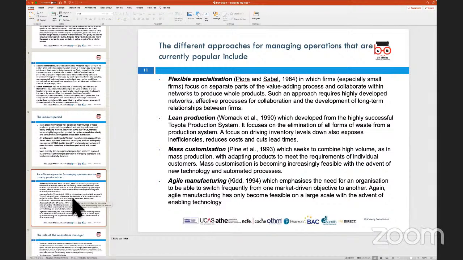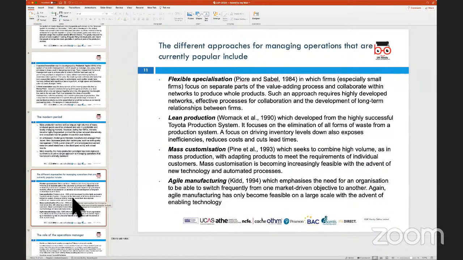And one of the reasons that you see why governments across the world are interested in allowing car companies to open manufacturing facilities in their own country is because they drive job creation as well. And that job creation is driven through ancillary industries growing. That means partners and suppliers supplying to the main provider of the product or manufacturer of the product. And that is where flexible specialization as a concept starts to work.